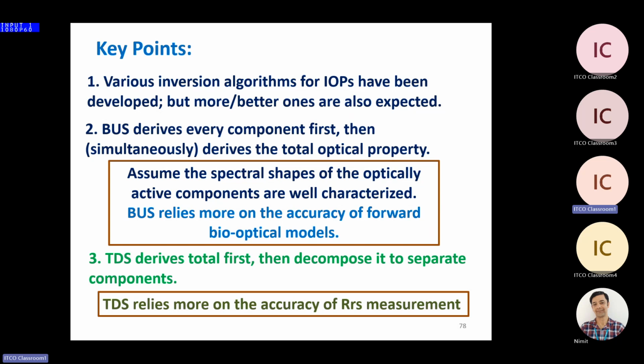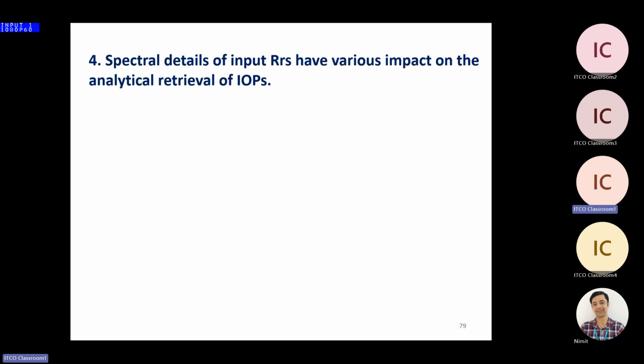Think about it: if the Rrs at that reference wavelength is wrong big time, then that will have an impact on the whole inversion for the QAA. And as I mentioned, special details such as the number of wavelengths and bandwidth all have impacts on the IOP retrieval.